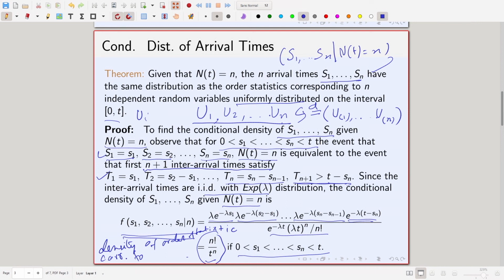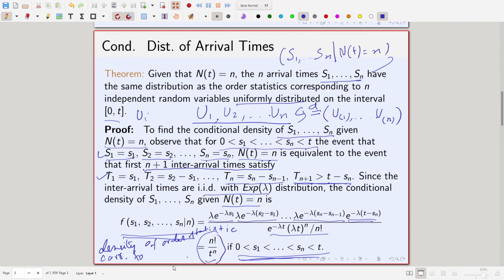Recall the density: if x1, x2 up to xn are IID continuous random variables having the common density small f, then the joint density of the order statistic is given by n factorial times the product of the densities, in the appropriate region. Remember the density of uniform 0t is just 1 over the length of the interval, which is t, so n factorial times 1 over t to the power n, so you precisely get n factorial over t to the n.